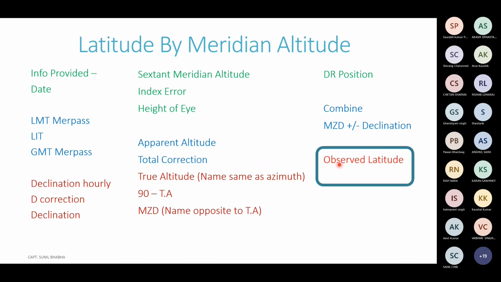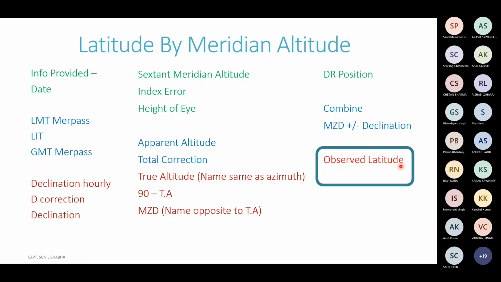Now, once you do that, you obtain the observed latitude. A combination of MZD and declination gives us the observed latitude for this particular site. This observed latitude is our position line. In this particular case, the MRPAS observation, the latitude we obtain by combining the MZD and the declination is the position line itself.